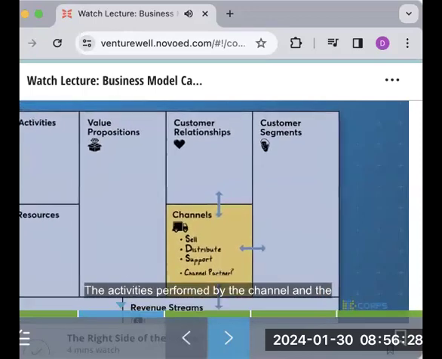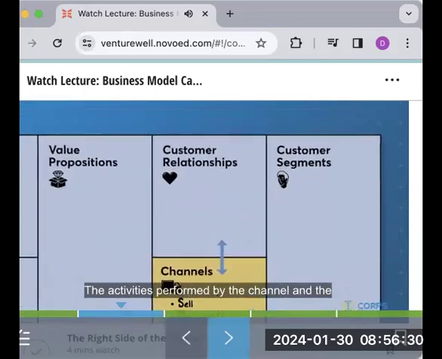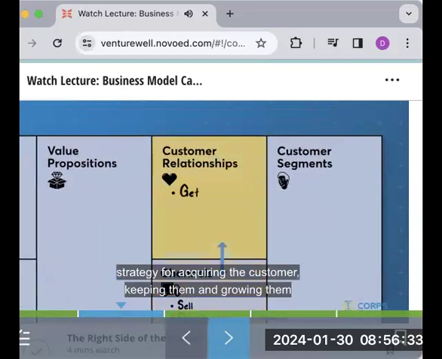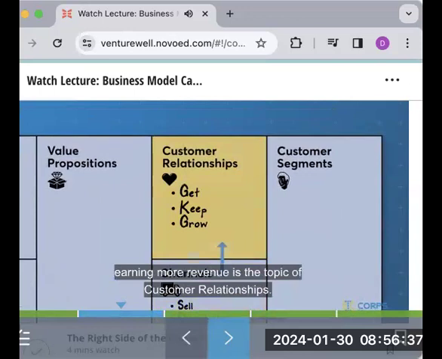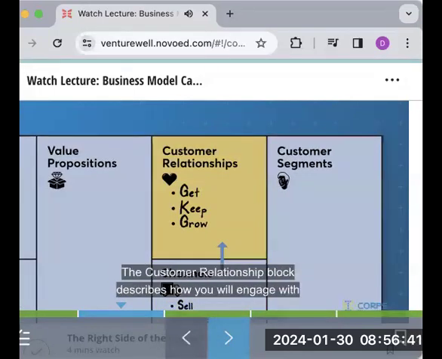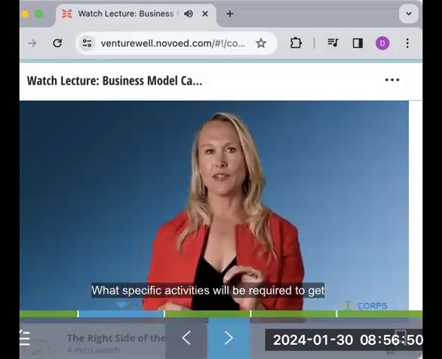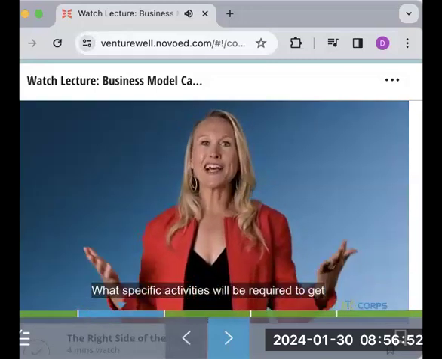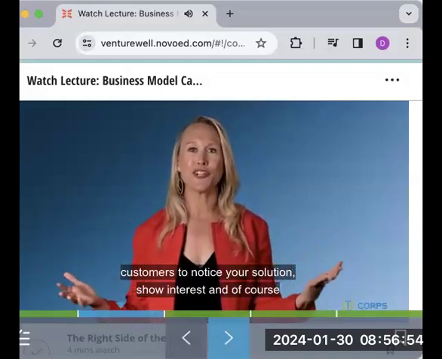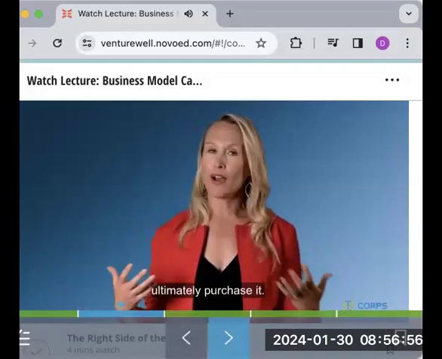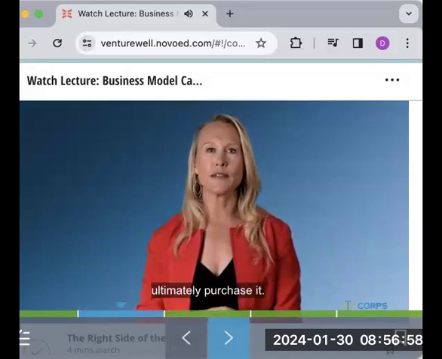The activities performed by the channel and the strategy for acquiring the customer, keeping them, and growing them, earning more revenue, is the topic of customer relationships. The customer relationship block describes how you will engage with the customer. What specific activities will be required to get customers to notice your solution, show interest, and of course, ultimately purchase it?